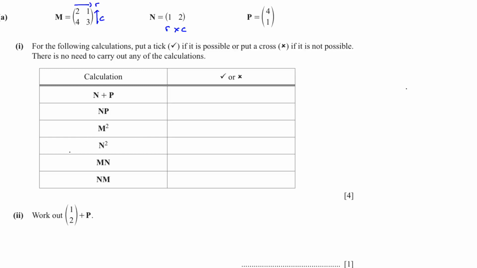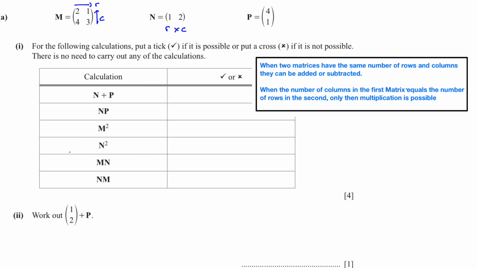Again, there are certain rules that you need to follow that will govern whether you can add or subtract or multiply matrices. This is the rule. When two matrices have the same number of rows and columns, they can be added or subtracted. So this has a 2 by 2 matrix. This is a 2 by 2 matrix, so they can be added or subtracted.